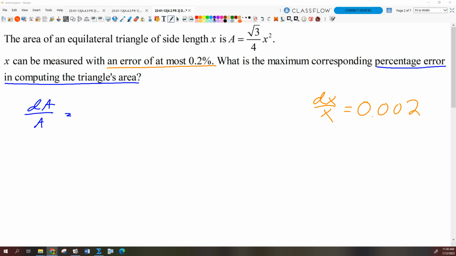Yeah, we got to find the differential form of the derivative. We need to find dA, don't we? Okay, so if this is A, what is dA? It'd be A prime of X dx, right? Okay. Well, what is A prime of X?